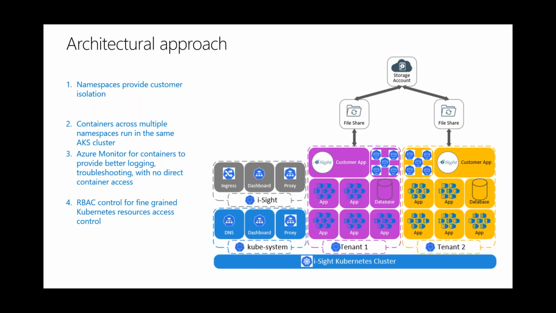The containers across multiple namespaces run in the same cluster, as I mentioned. The Azure Monitor provides logging, troubleshooting, but has no direct container access, which is really important. And then, as I had mentioned, we have RBAC, so that each of these two tenants have separate access controls.